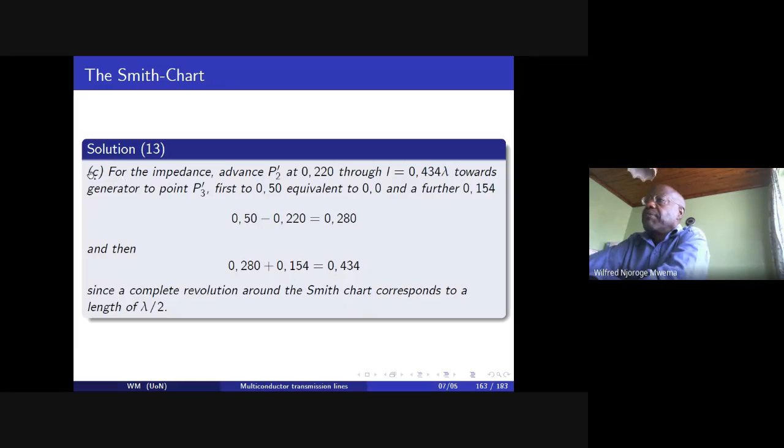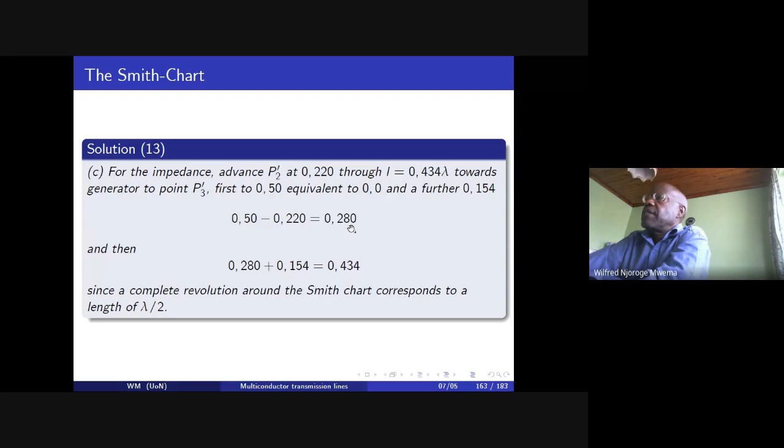And for C, the input impedance, you advance the point P prime, which is at the perimeter of the Smith chart, through a length 0.434 lambda towards the generator to a point P3.